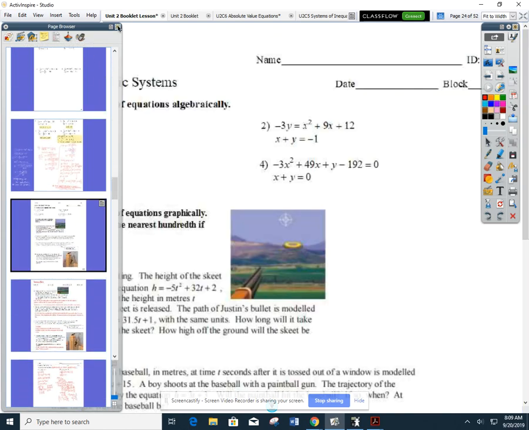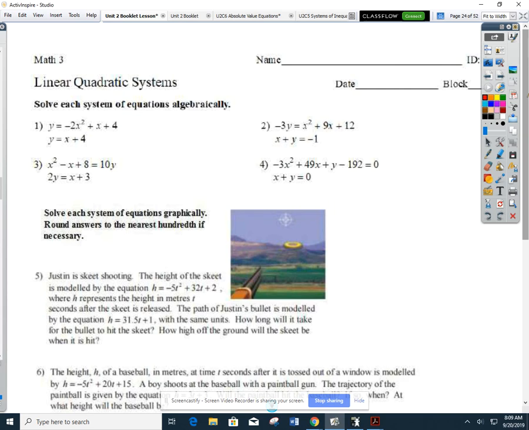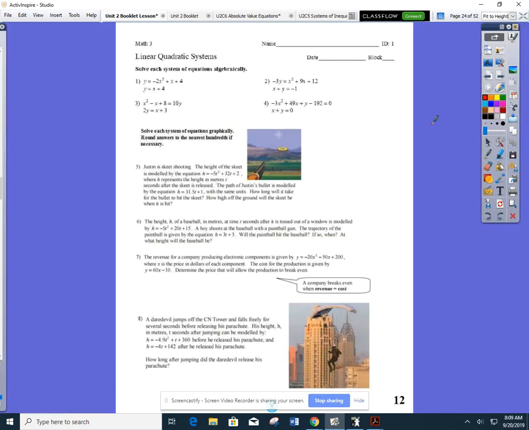The next page in your book looks like this. So you can solve these algebraically. If you really get stuck, you can at least get the solutions graphically.